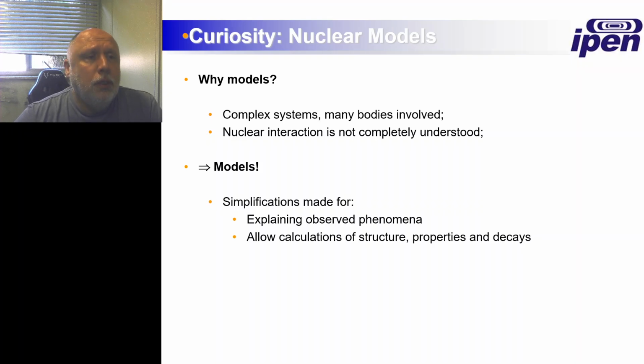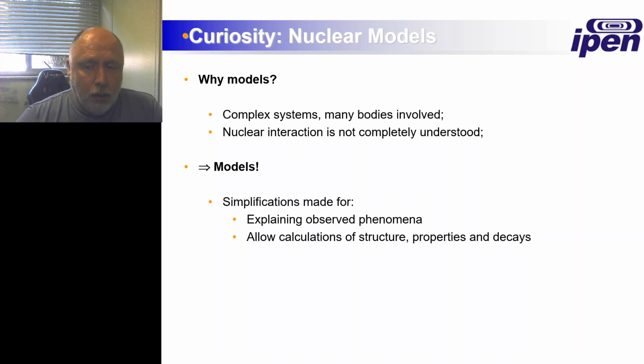So, why do we need models? Well, nuclei are complex systems with many bodies involved, just as atoms, in fact. But the main difference is that in atoms we do understand the interaction involved. It's the electromagnetic interaction, so we can do a lot of calculations. But we still need models because the systems are too complex for an exact solution to be found.